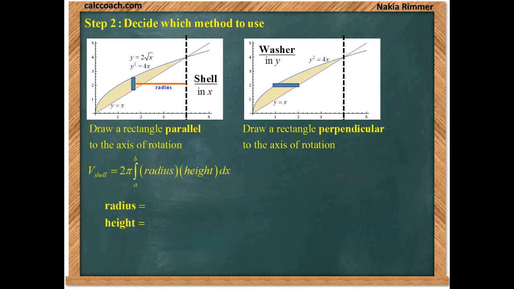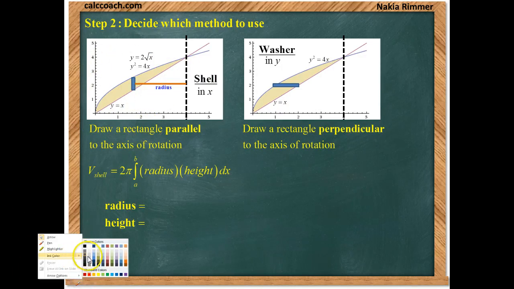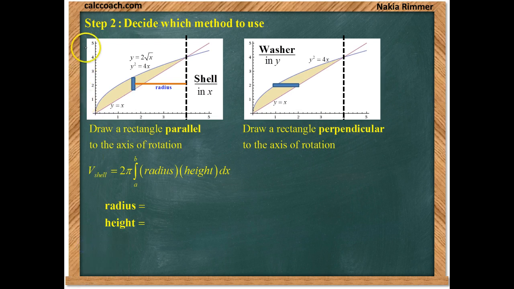So what is the radius and what's the height? Well, the radius will connect your rectangle to the axis. We have this distance, that's the subtraction of one distance from another. We have the distance that takes us all the way to the line, that's 4, and then we have the distance that takes us up to the rectangle, and that's the distance off the y-axis.